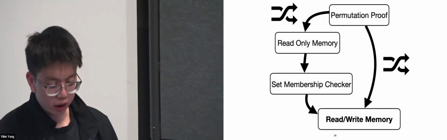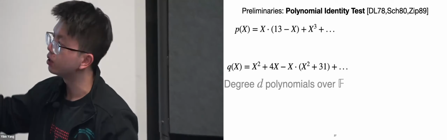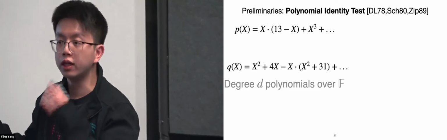Let me say some preliminaries. Let's start with the polynomial identity test. You can imagine there's a prover who comes and says, here are 2 polynomials, and he wants to prove to you that these 2 polynomials are the same. How can you do this?